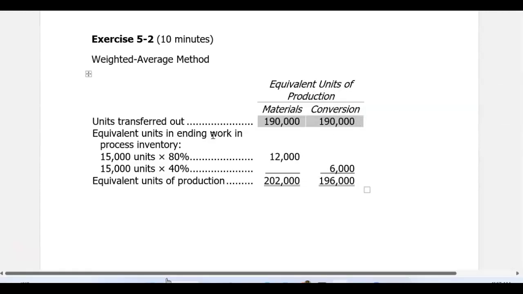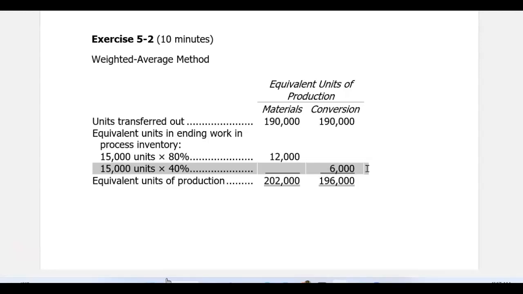However, equivalent units in the ending work in process are 15,000 units at 80% for material and 15,000 units at 40% for conversion. Right? Those are equivalent units.